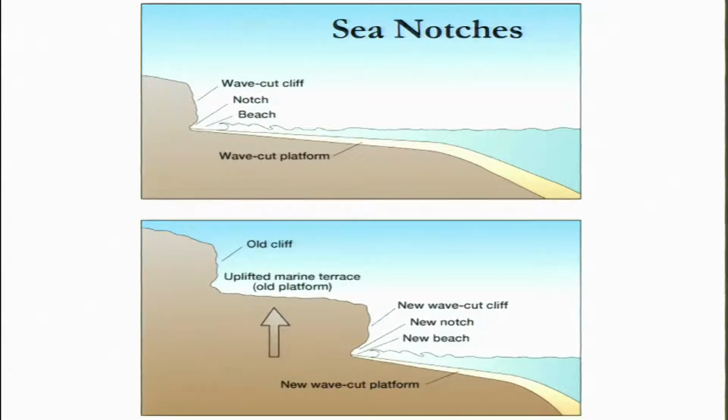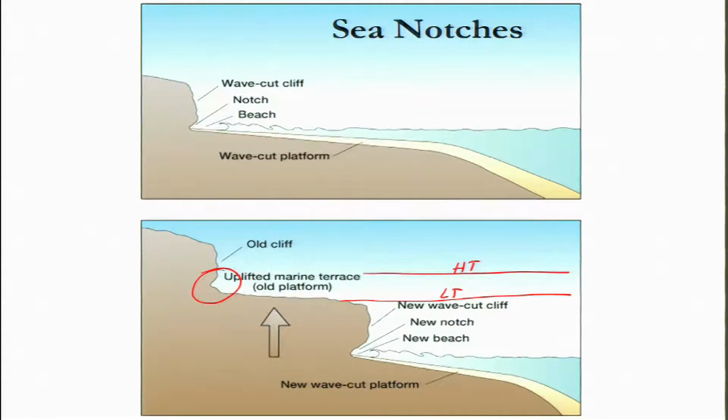Now suppose you have such notches sitting at higher platforms, which we call a marine terrace, as well as the old platforms, and then you have the sea notch. The previous sea level was over here, and this was the high tide, this was low tide, and you had the formation of the sea notch here.